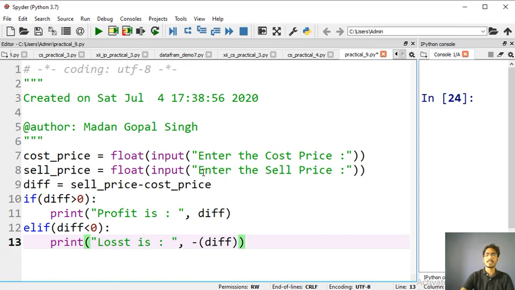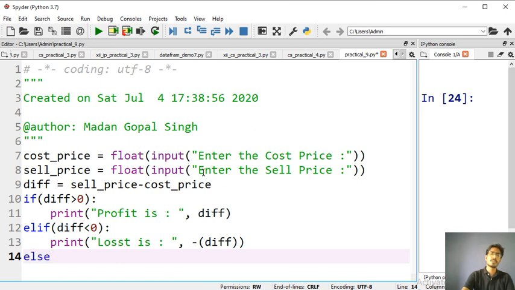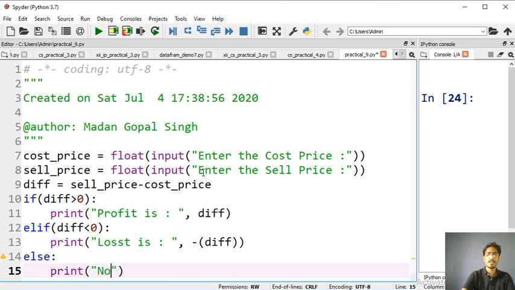So we write it like this: we multiply the negative number with negative, then we get the positive number. If the difference is not negative and not positive, that means equal. So in that case, cost price and selling price will be equal, so no loss and no profit.